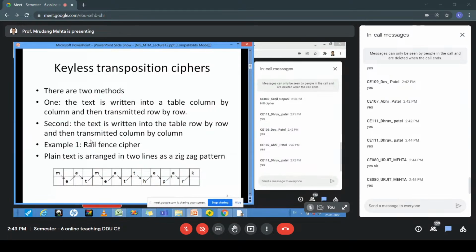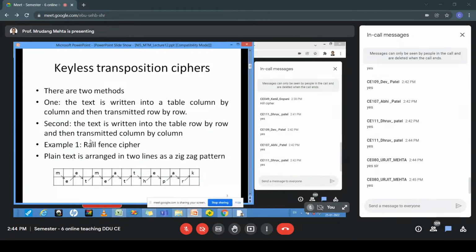After writing this, we have to transmit it column by column. So MMPA, EEHR, EAEK, TTP.